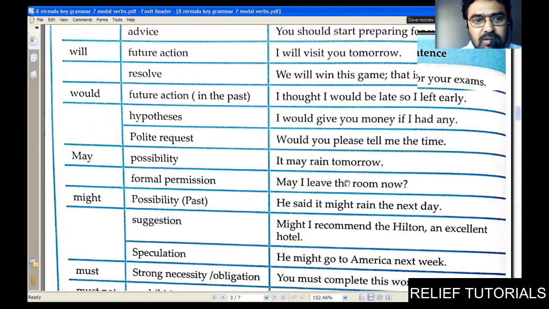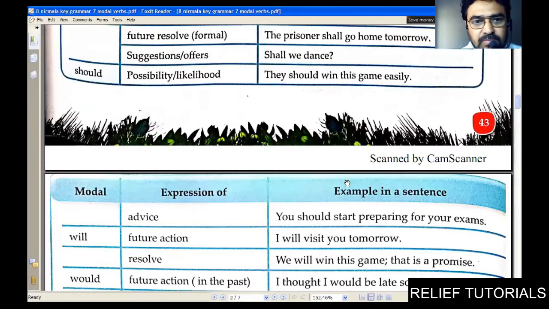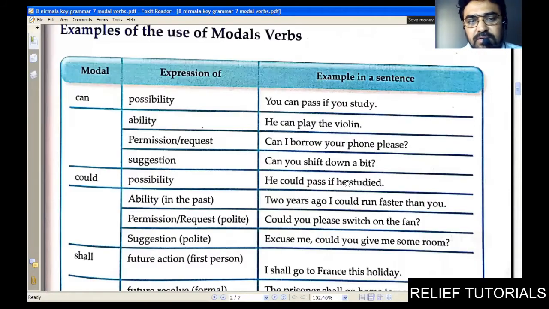See, can, especially in the question form, can you see that, expresses either permission or request or suggestion? Can you shift down a bit? That is in the form of a suggestion. Could again goes with the same thing, polite request or permission. But suggestion is not applicable to could. So there is a difference. Now remember that.